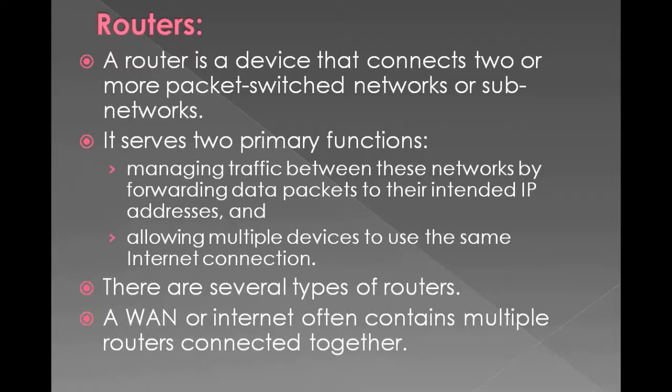There are several types of routers, depending on their usage, their area of coverage, how many devices they can connect, or how many networks they can connect together at a single time. But that is not a part of our syllabus, so you just need to know that there can be many types of routers. A WAN, wide area network, or the internet often contains multiple routers that are connected together.